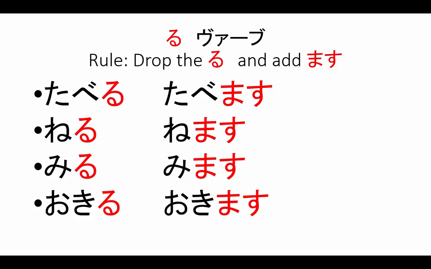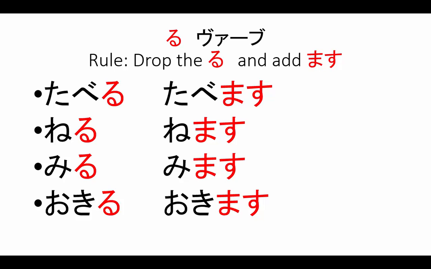Okay, so does anybody remember what the difference is between taberu and tabemasu? Why do you need both? Isn't one just the dictionary definition? Okay, one is the dictionary form, the root, the ru ending, right?